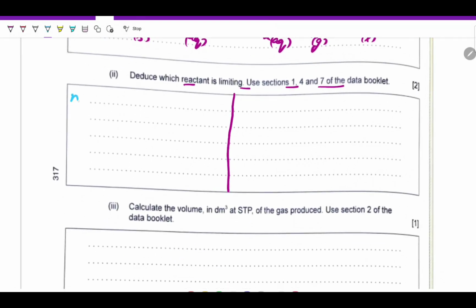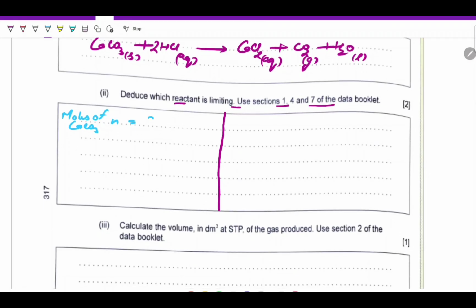Number of moles of CaCO3, that is n, will be equal to the given mass 3.162 grams upon the molar mass of CaCO3, which is 100.09, or 100.1 I can say, and the answer, if I solve it, comes out to be 0.0316 mole. That is the mole of CaCO3.